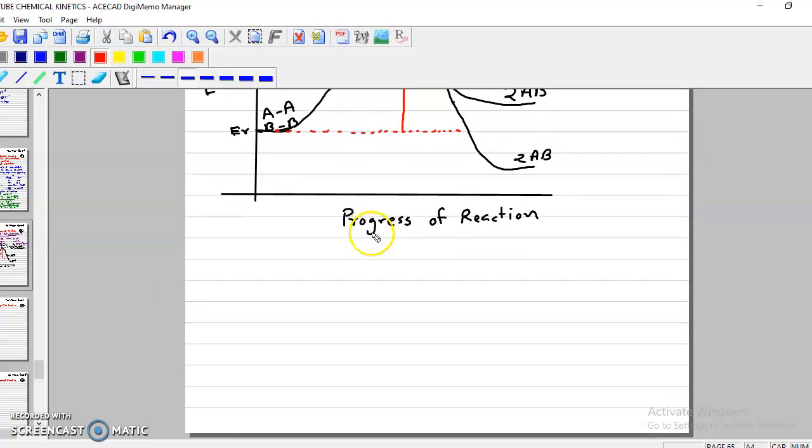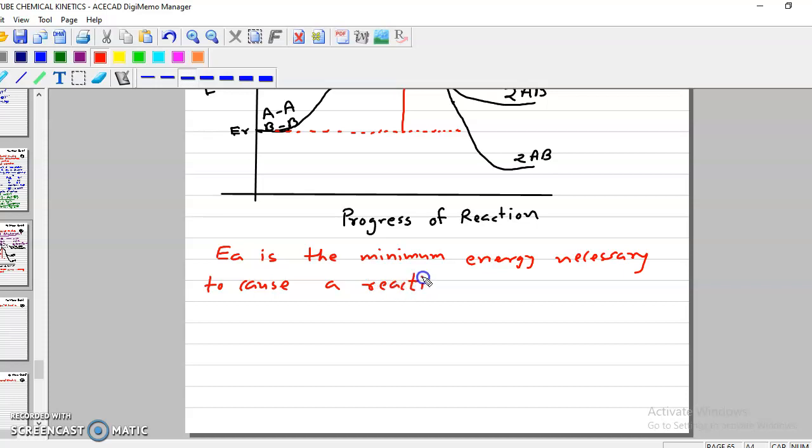So energy of activation is the minimum energy necessary to cause a reaction between colliding molecules.